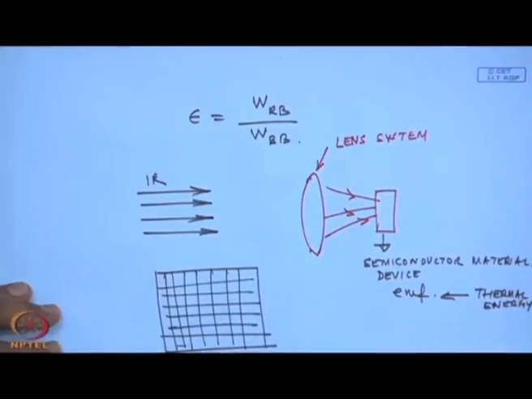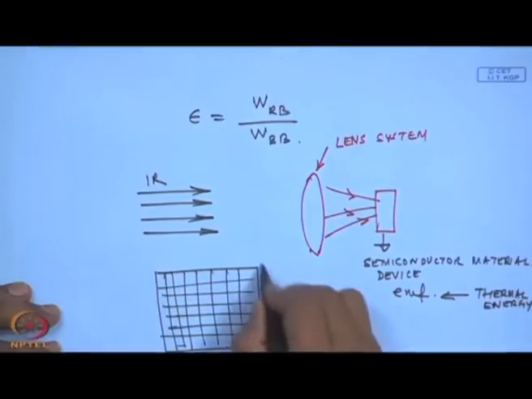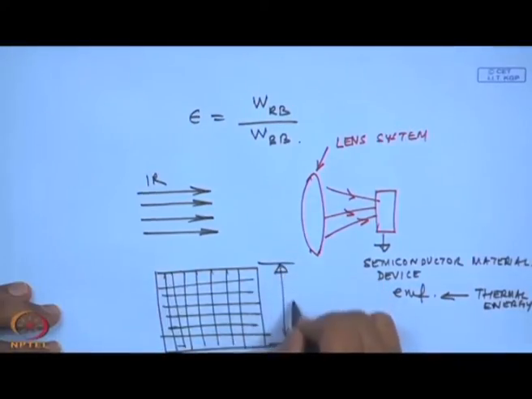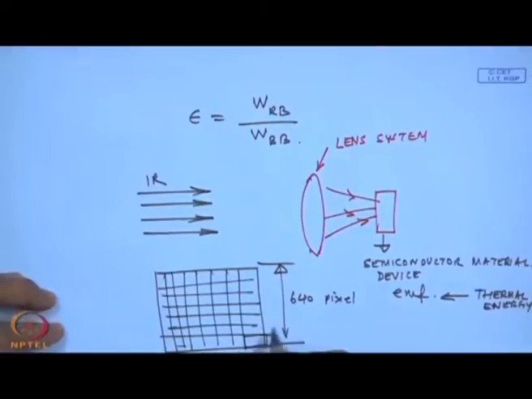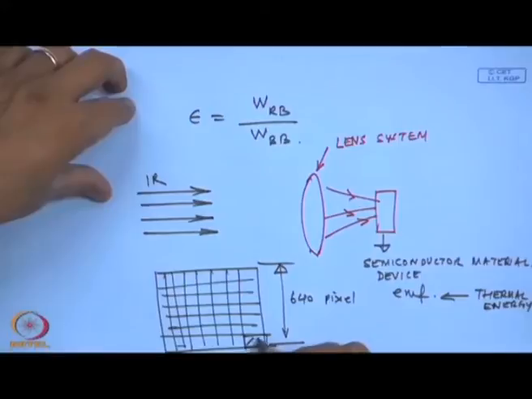So, this could be some 320 by 640 pixels depending on the resolution. So many pixels can be there. Depending on the resolution, each of these pixels will give us an EMF.